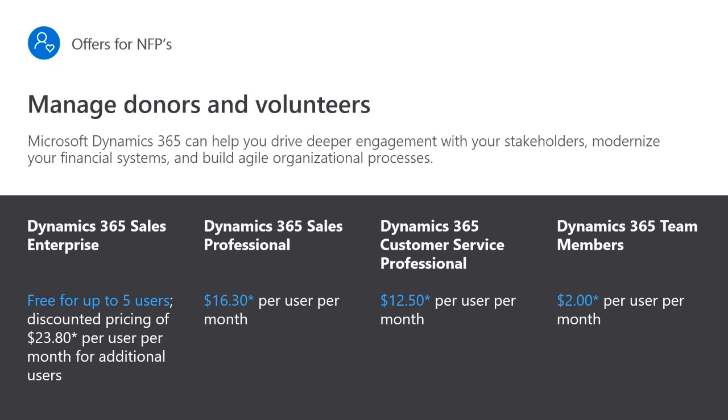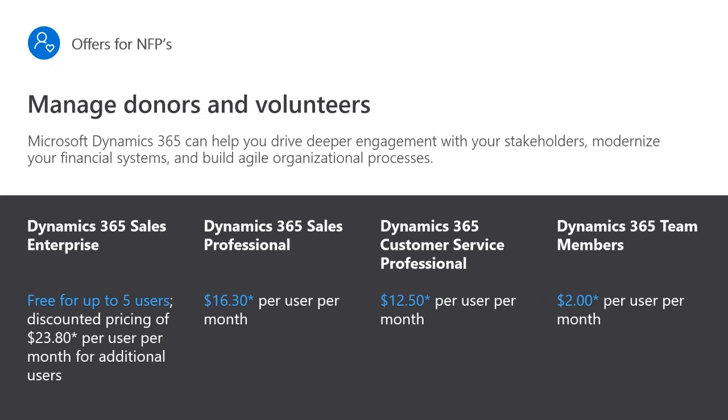However, the Dynamics 365 Sales Enterprise licenses which are required are also available free of cost for up to 5 users as a donation from Microsoft. Additional licenses, if needed, are available at a discounted price of $23.80 per user per month.